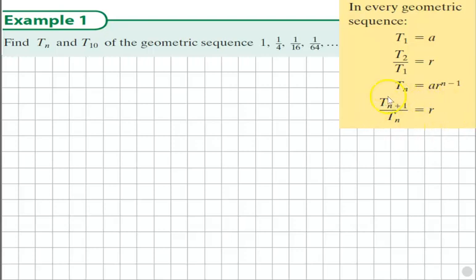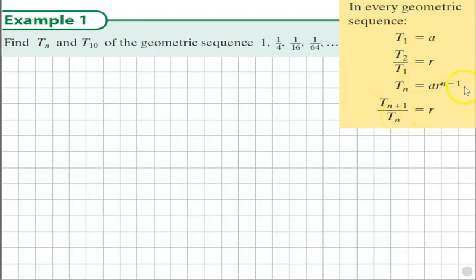And this little formula at the bottom here represents that. So Tn plus 1 would represent the next term, and Tn would represent the previous term. So that's just like saying term 2 divided by term 1, or term 4 divided by term 3, or term 10 divided by term 9, and so on. So that will give you the common ratio.